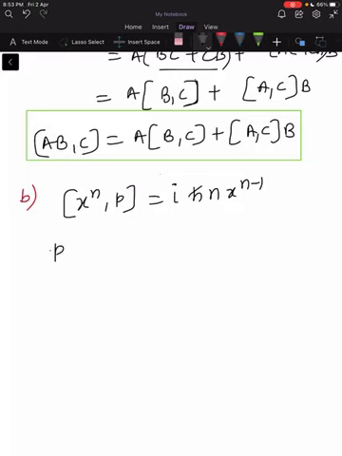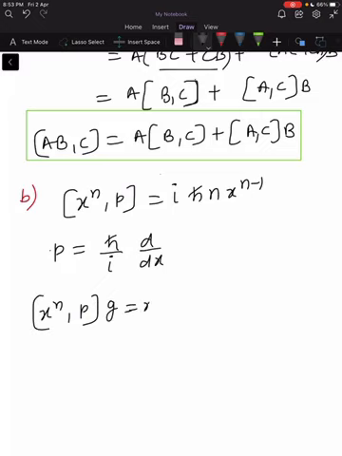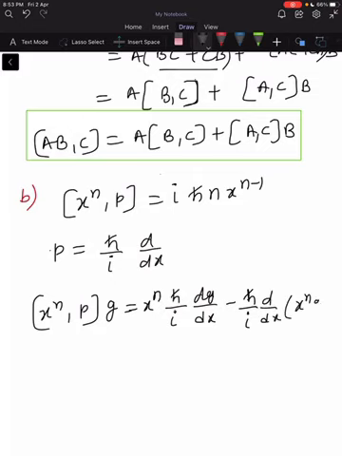By introducing a test function g(x) and using the momentum operator p = (ħ/i) d/dx, we can write [x^n, p]g = x^n (ħ/i) dg/dx - (ħ/i) d/dx of (x^n g).